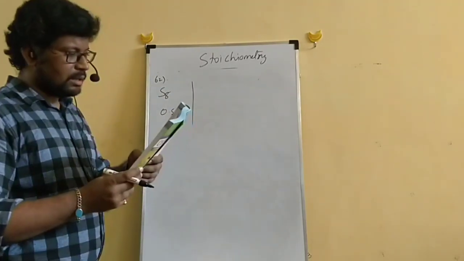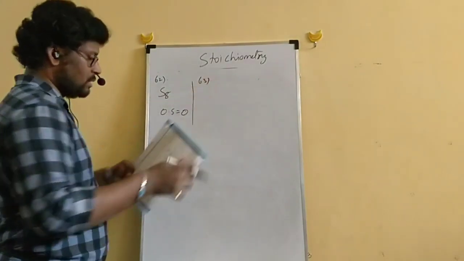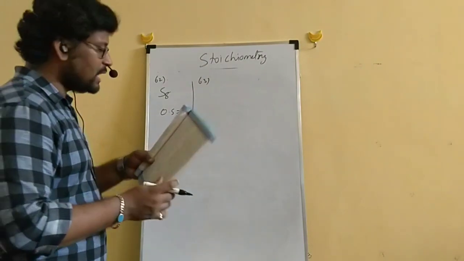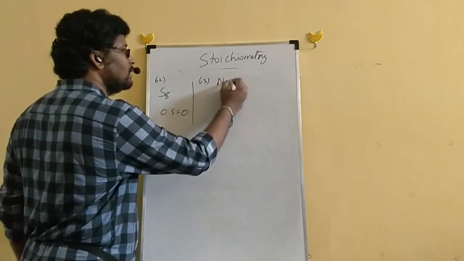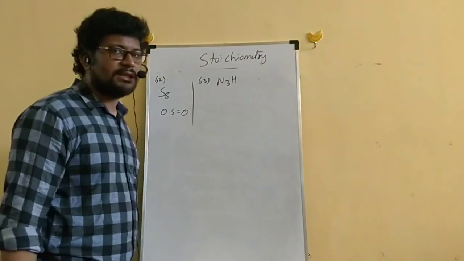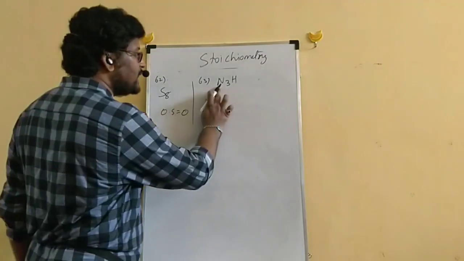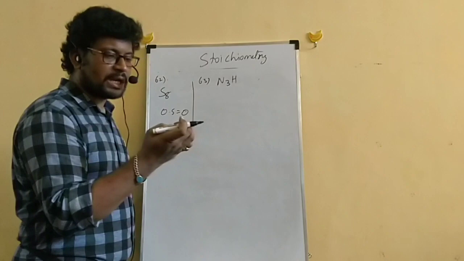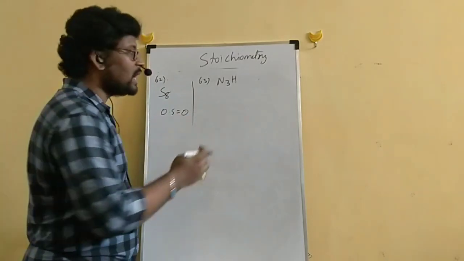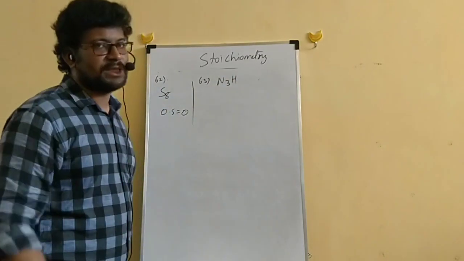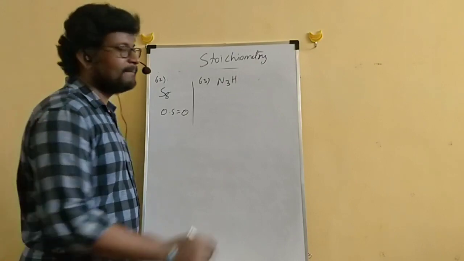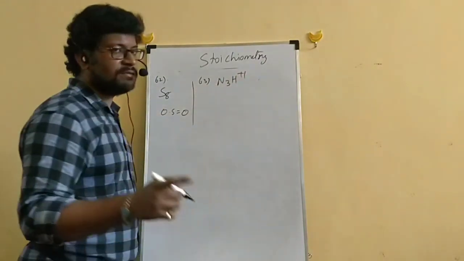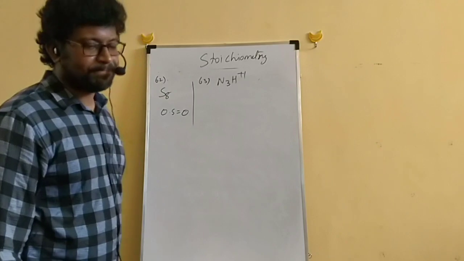Next, 63rd one. Oxidation state of nitrogen in N3H. Out of nitrogen and hydrogen, which is more electronegative? Nitrogen only. So hydrogen will get a positive oxidation state.